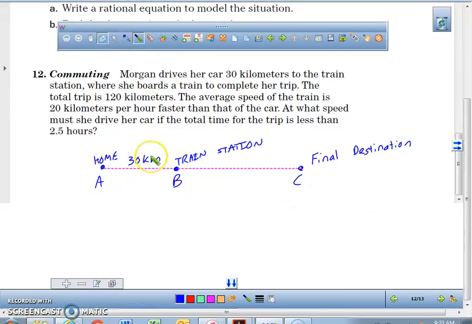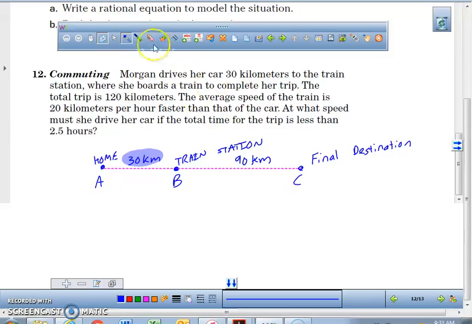Okay? She's gone 30 kilometers, and then I want you guys to write in 90 kilometers here, because from here all the way over there, that's 90.